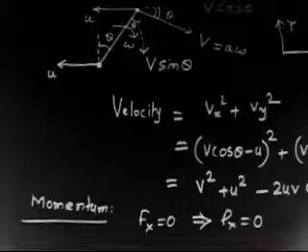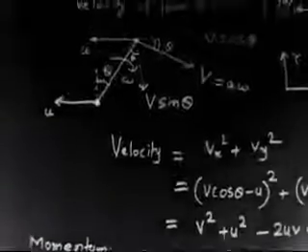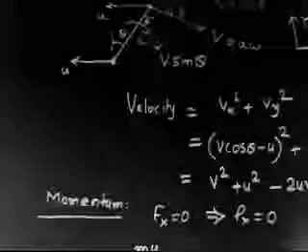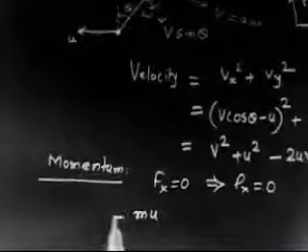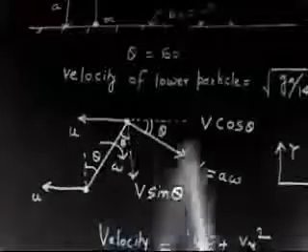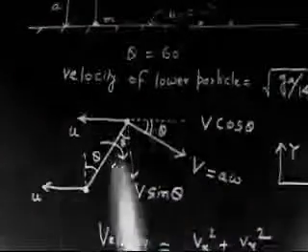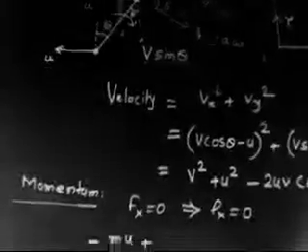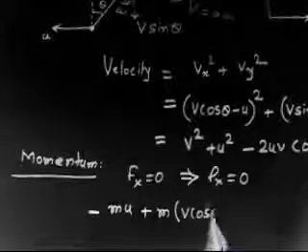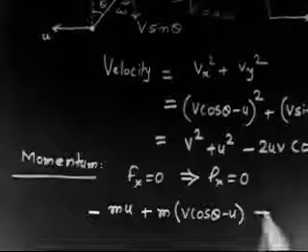So let us write the total momentum in the x direction. This mass is going with the speed u, so mu, but this is going this side, so I will have to apply a minus sign. For this, in the x direction the velocity is v cos theta minus u, so the momentum will be m times v cos theta minus u. This is equal to 0.